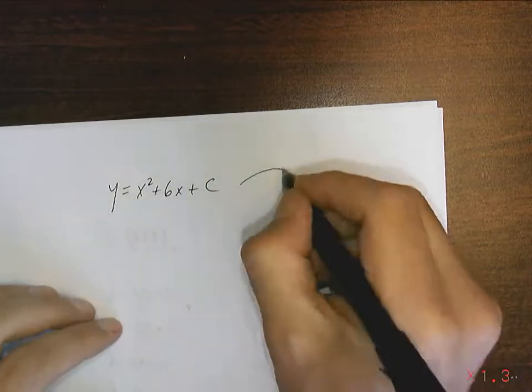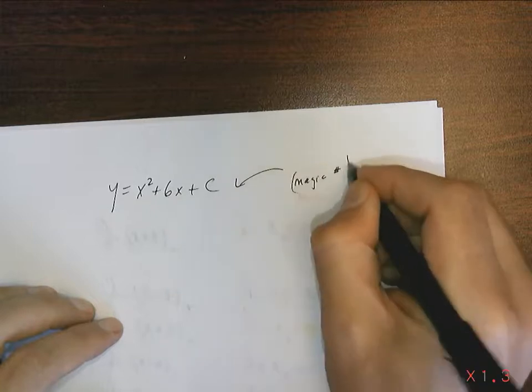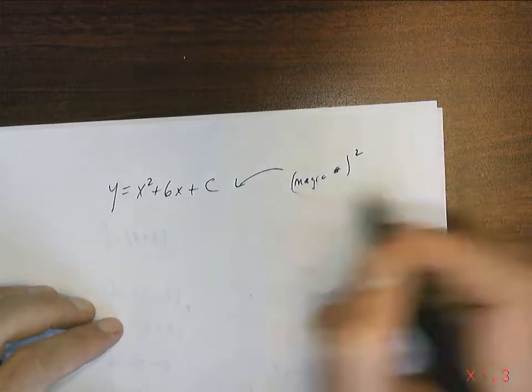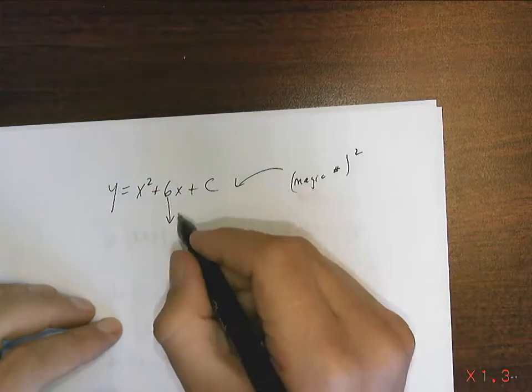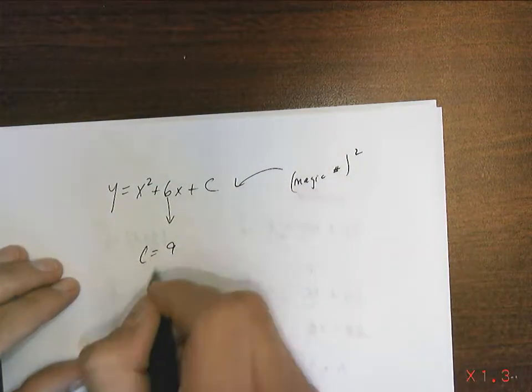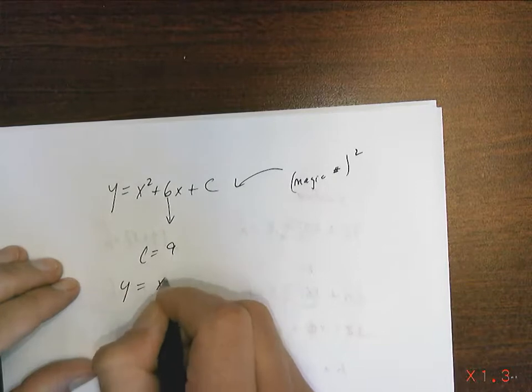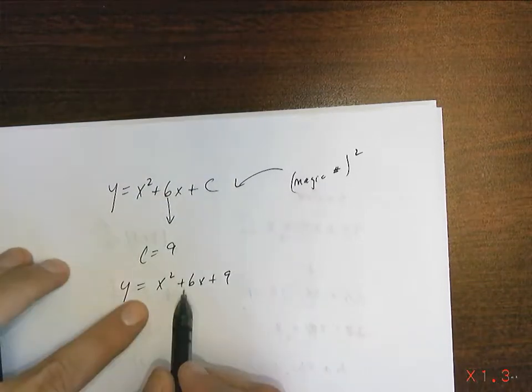Well, c must be the magic number squared. How do I get the magic number? It's half of this. So half of 6 is going to be 3. 3 squared is 9. So c must equal 9, meaning y equals x squared plus 6x plus 9 must be a perfect square trinomial.